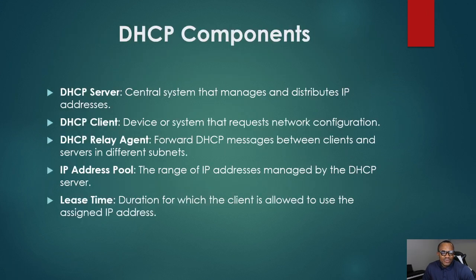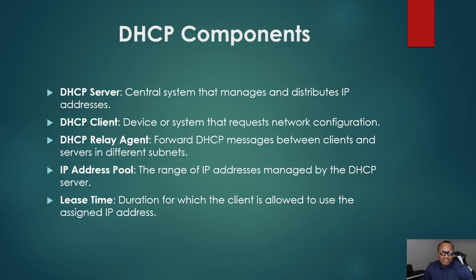And talking of components of DHCP, we have the DHCP server, which is a central system that manages and distributes the IP addresses. We have the DHCP client, which is a device or system that is requesting network configuration. We have the DHCP relay agent, which is an agent that forwards DHCP messages between clients and servers in different subnets.